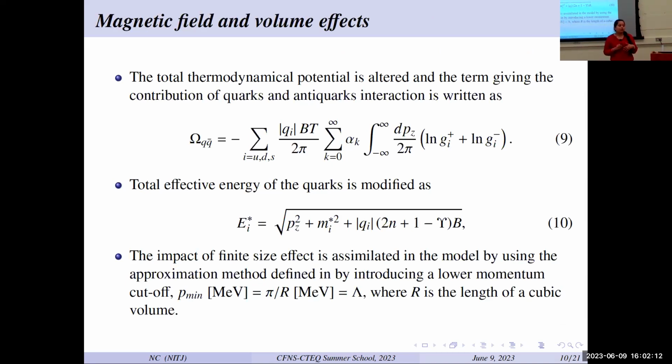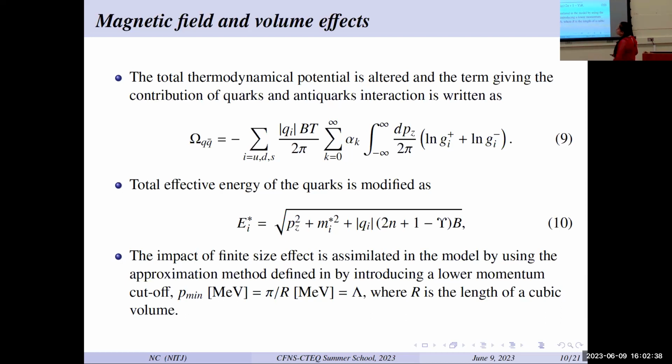So basically, in the theoretical models, we always try to fit the parameters according to the latest QCD data to get more of the known values. For example, we know the quark masses, like u, d, or we know the pion masses. So we try to fit our models according to the known quantities to get the unknown quantities. So that is how we decide which Polyakov loop is better for us to fit.